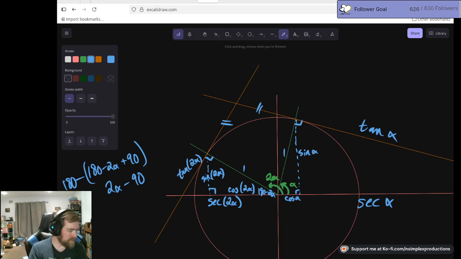Meant from known angles. Okay, fair. Not to say that this gets us anywhere necessarily, but yeah.